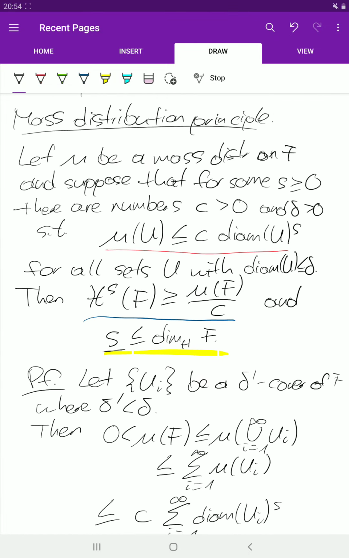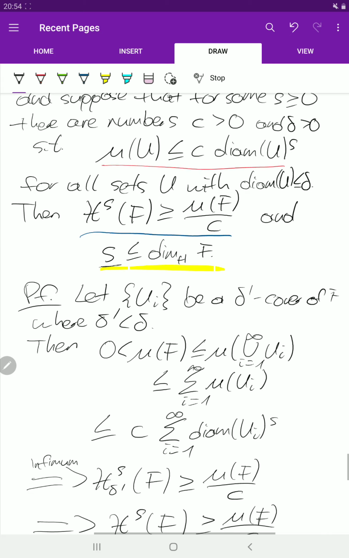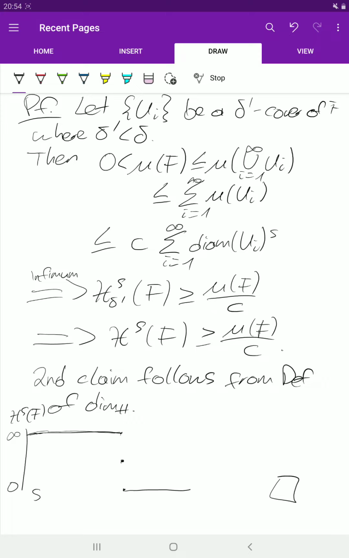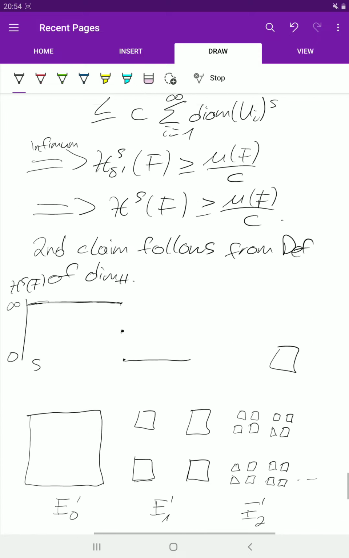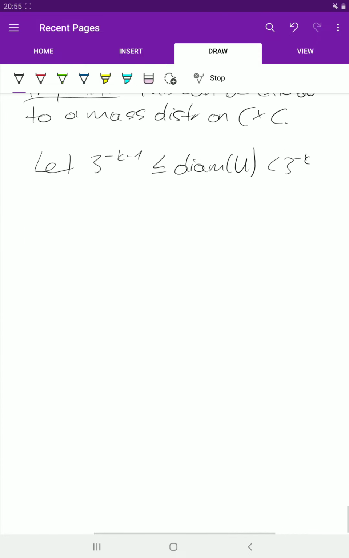It says that we have this inequality for all sets U with diameter at most delta, and we'll actually show that this holds irrespective of the diameter, but in order to do this, it sounds contradictory, but in order to do this, we have to look at the diameter.